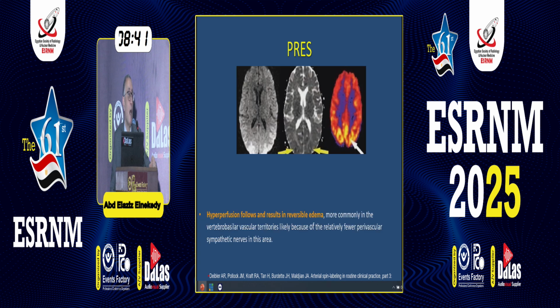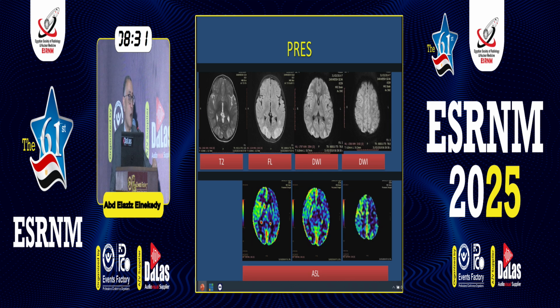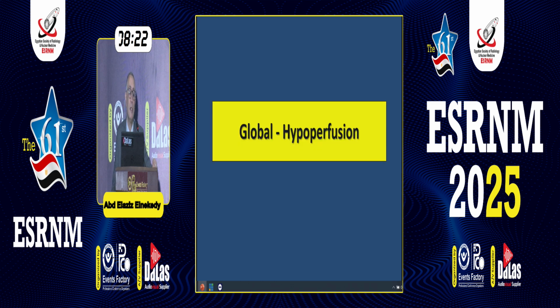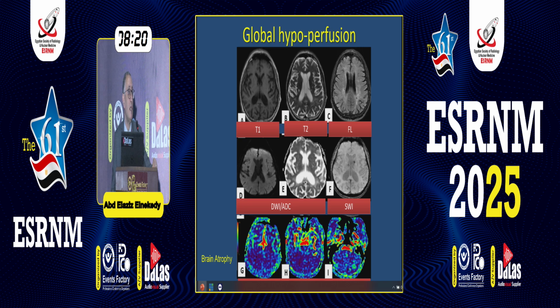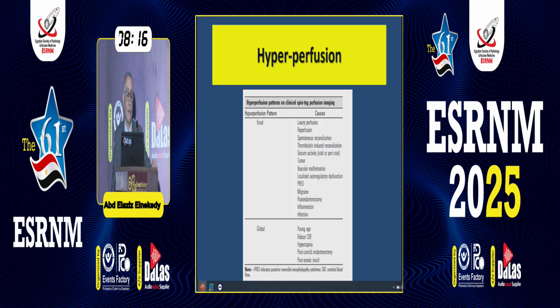Later on, hyperperfusion due to vasodilatation occurs. So PRES can be presented by hypoperfusion or hyperperfusion according to the stage. This is a case of our group showing the hypoperfusion stage in PRES. Regarding global hypoperfusion, it can be seen in elderly with brain atrophic changes.